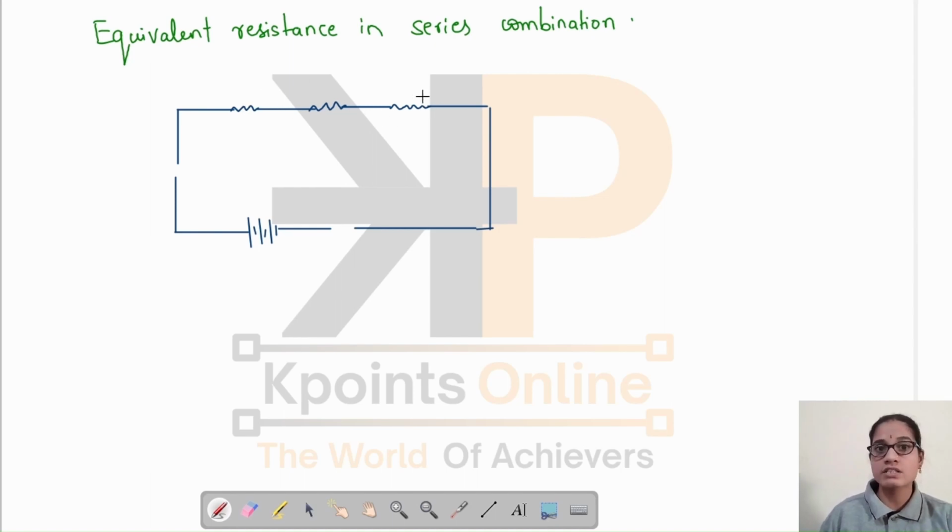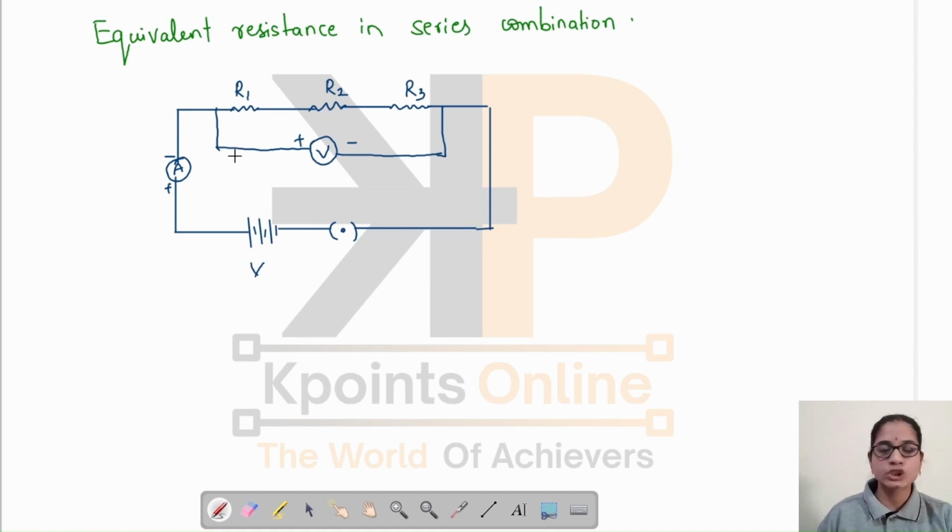These are three resistors connected in series, of resistance R1, R2, R3. This is an ammeter used to measure the electric current. This is the plug key. This is the battery of voltage V. This is a voltmeter which is connected across these resistors.